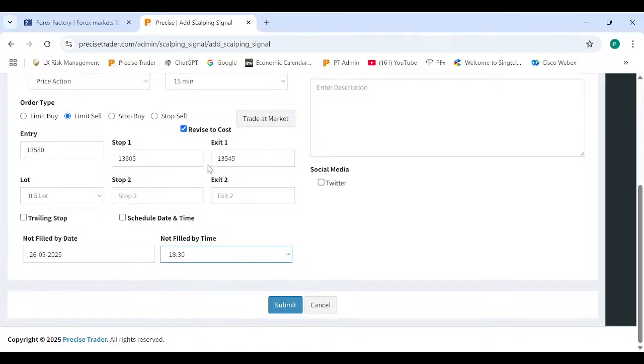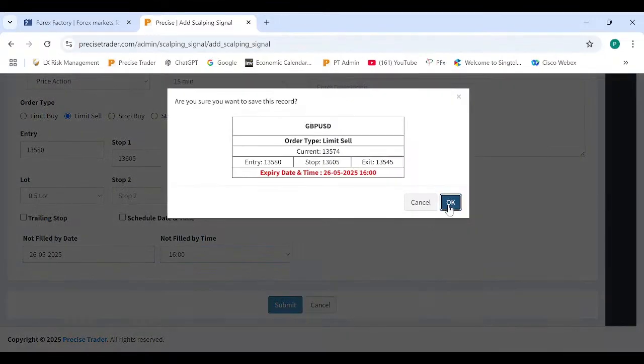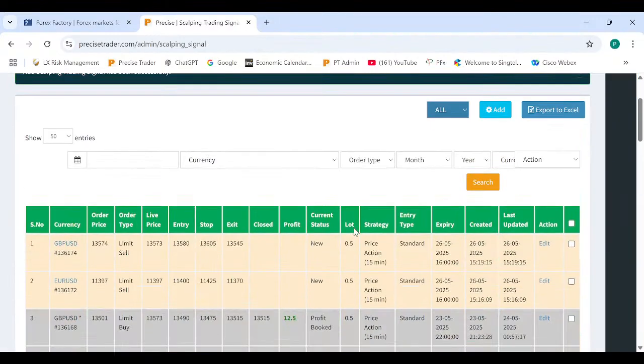The time we'll give until 4 o'clock. So we are going for three trades. Okay, I think this is enough.